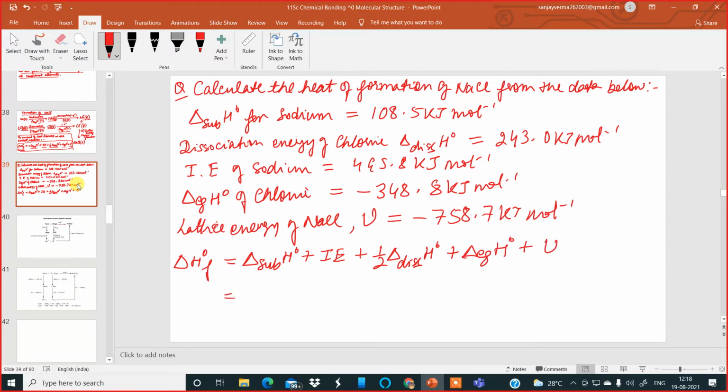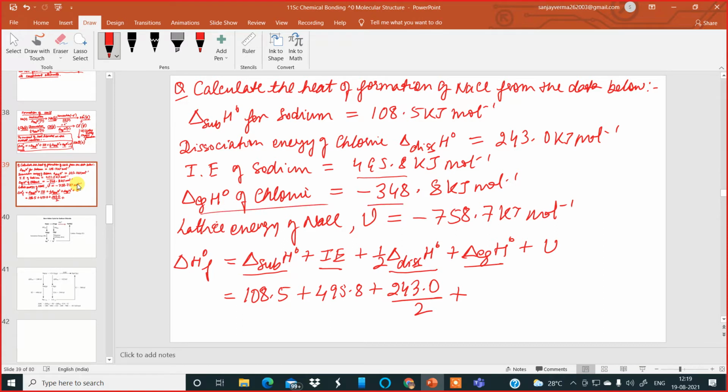Now just put the values directly over here. Delta H naught sublimation is given 108.5 plus ionization enthalpy is given 495.8 plus this value is given 243, so 243.0 will be divided by 2, plus electron gain enthalpy is given, how much?